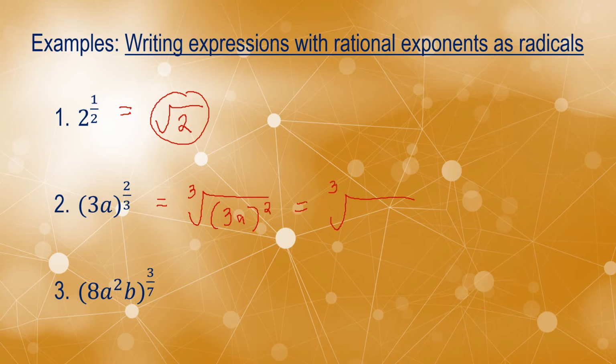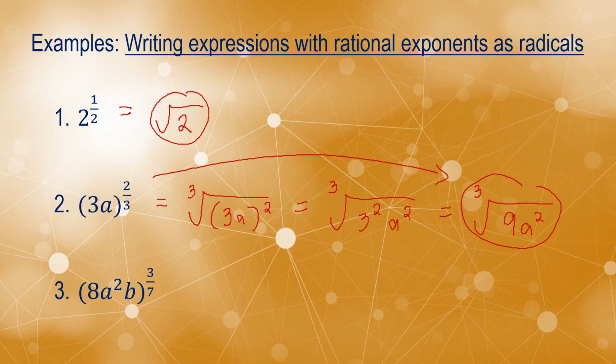That means 3 raised to the second power, a raised to the second power. And this is equal to the cube root of 9a squared. So it means that 3a quantity raised to 2/3 in radical form is equal to the cube root of 9a squared.